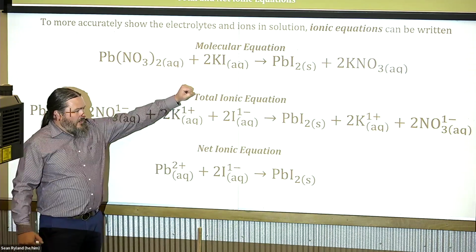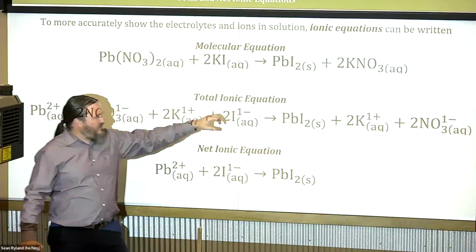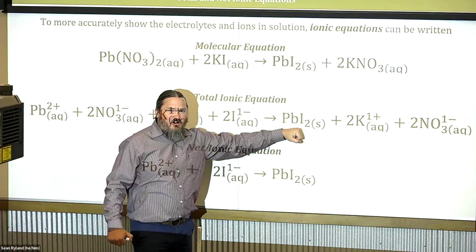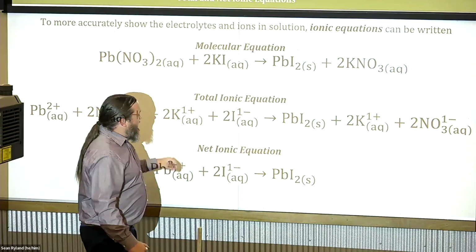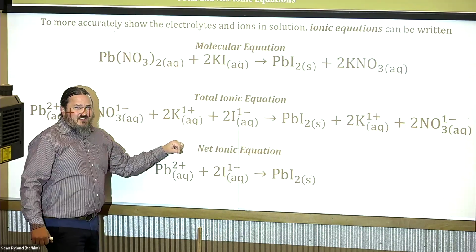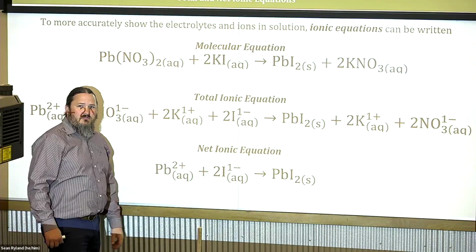So that's the total ionic equation. You just write everything as its individual ions, and then if you make a new solid, you write that in its molecular form. The net ionic equation basically says that anything that doesn't change, don't bother writing it.